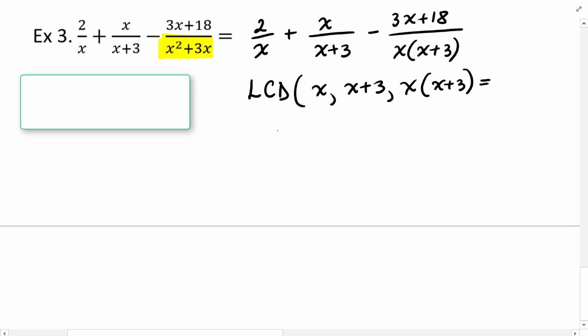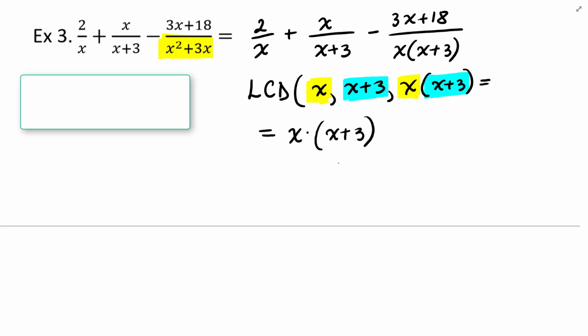So the LCD is the product of all the factors. So it's x times x plus 3. This is the LCD, and be careful, put parentheses around x plus 3 because otherwise it's something else.